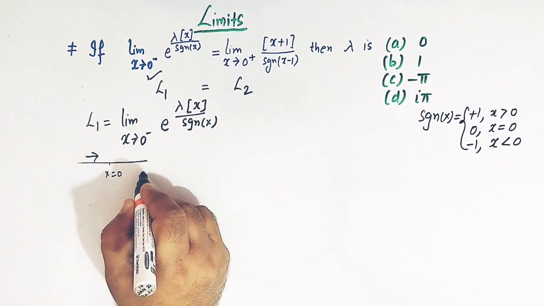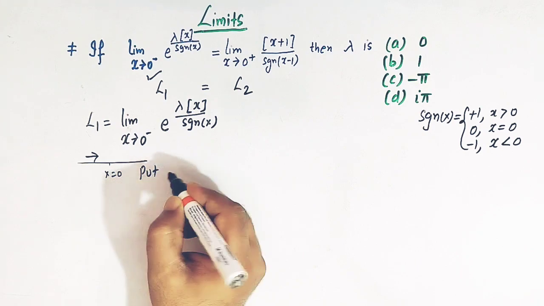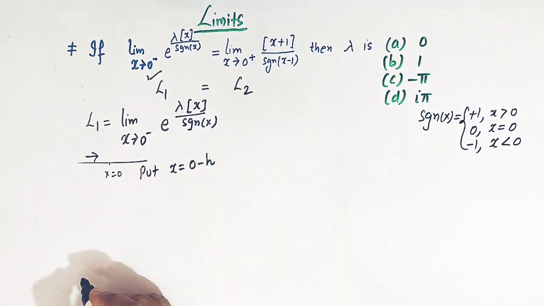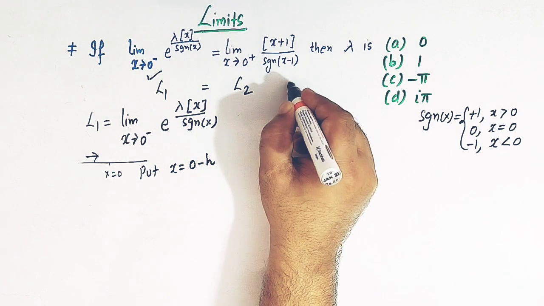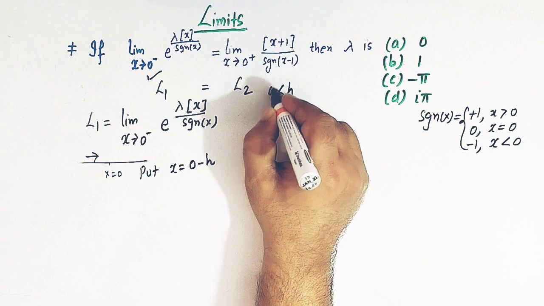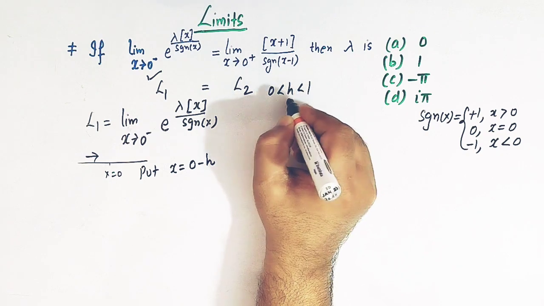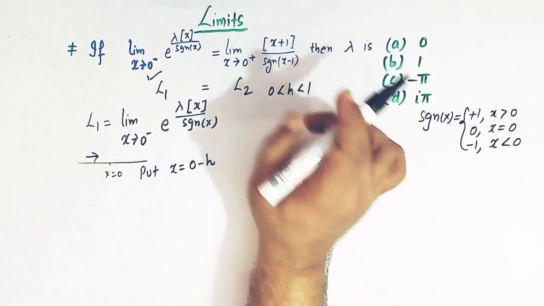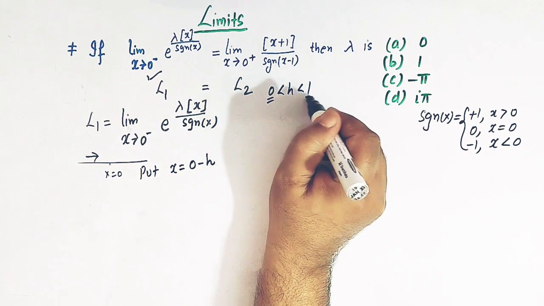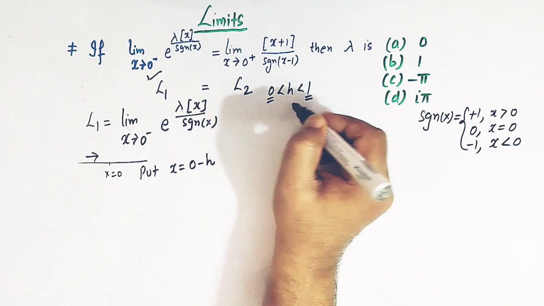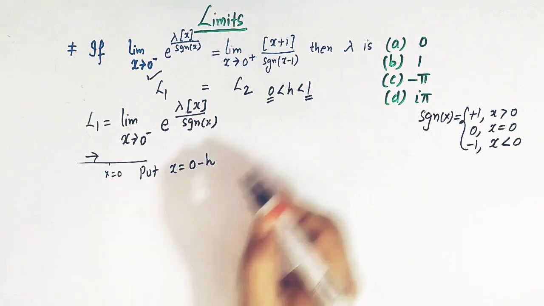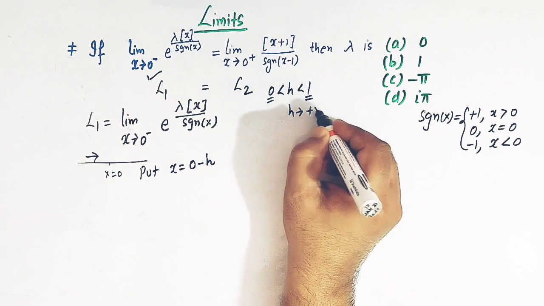For this, we will take x is equal to 0 minus h, where h is a positive quantity and a very small quantity. It lies between 0 and 1, so h is infinitesimally small, and h is positive.